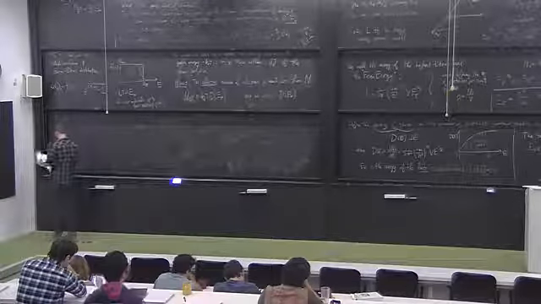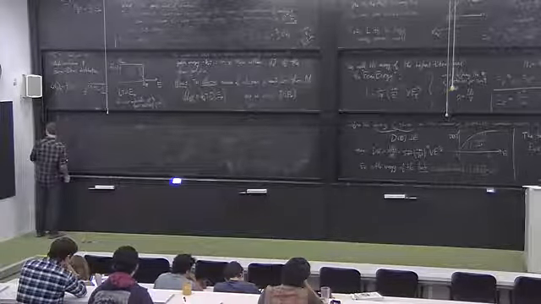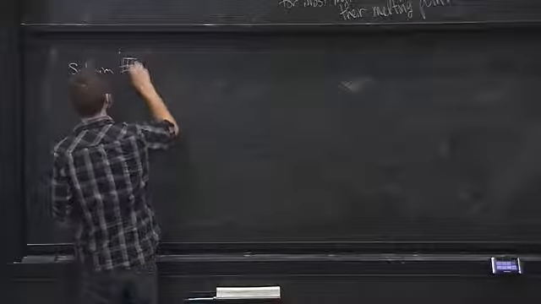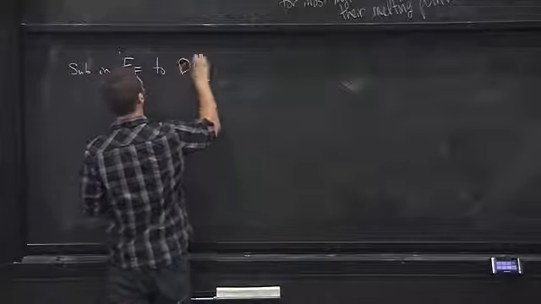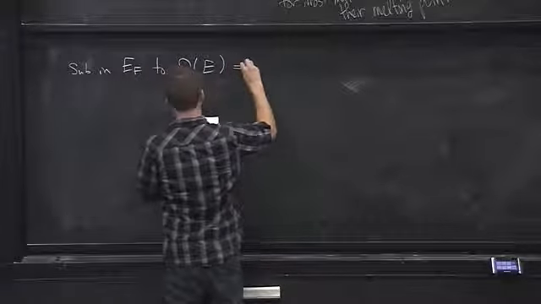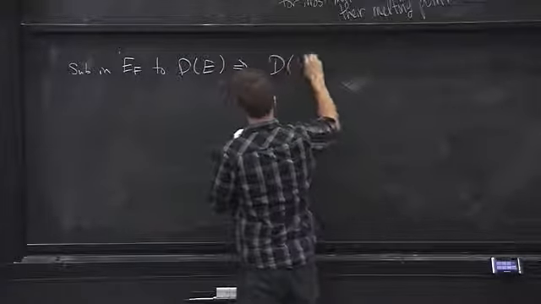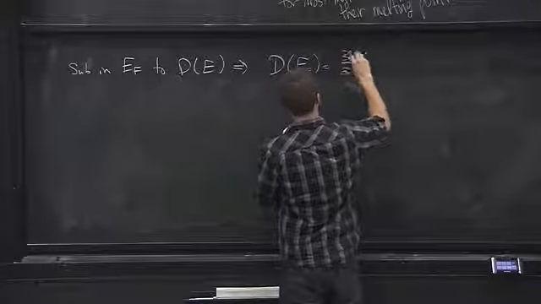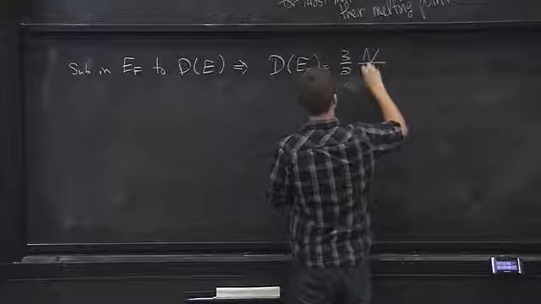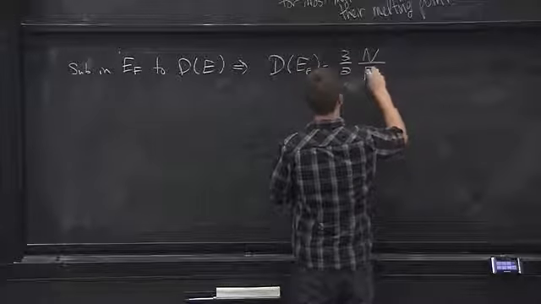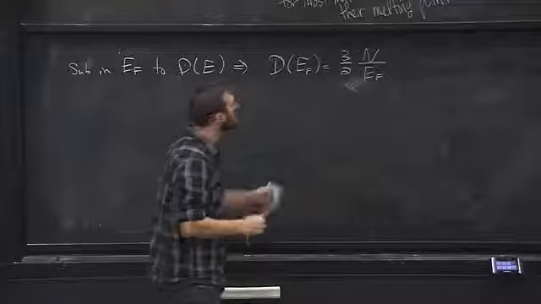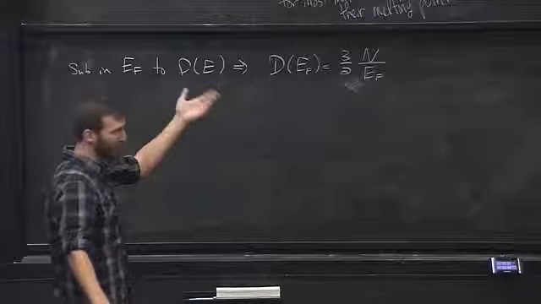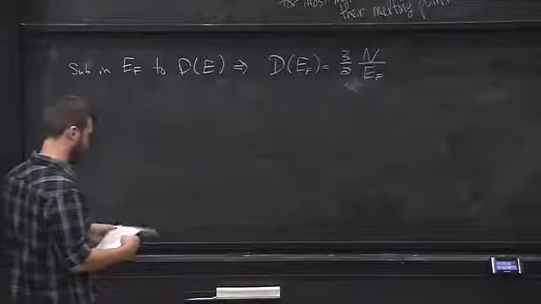Okay, so just to finish the calculation, so sub in EF. You'll get 3/2 N over EF. Just remember how EF is described in terms of rho, the density, and this comes straightforwardly.